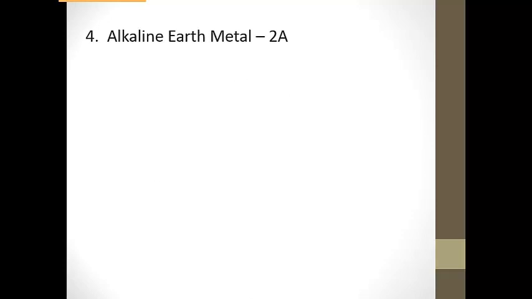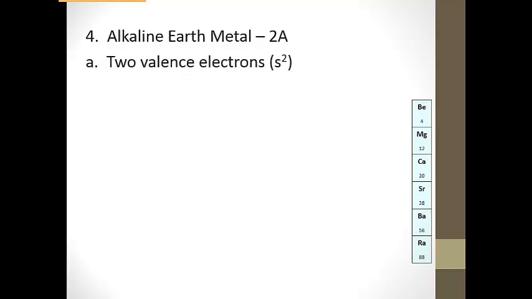And then we have our alkaline earth metals, and 2A would be the number that we're going to use for those. Again, that would be beryllium, magnesium, calcium, all the way down to radium. And they have an s2 ending, so they are also in that s orbital. They have 2 valence electrons, 2 dots if we were to draw the dots around the element symbol.